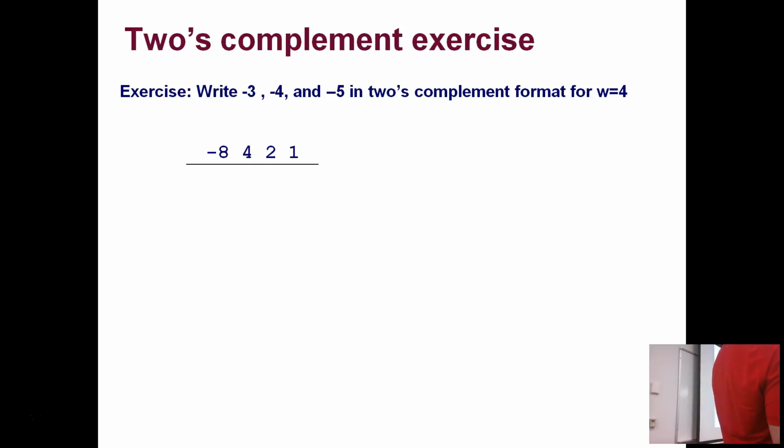Write -3, -4, and -5 in 2's complement format for a bit width of 4, and I've already conveniently listed your values. So I'll give you a minute for that.